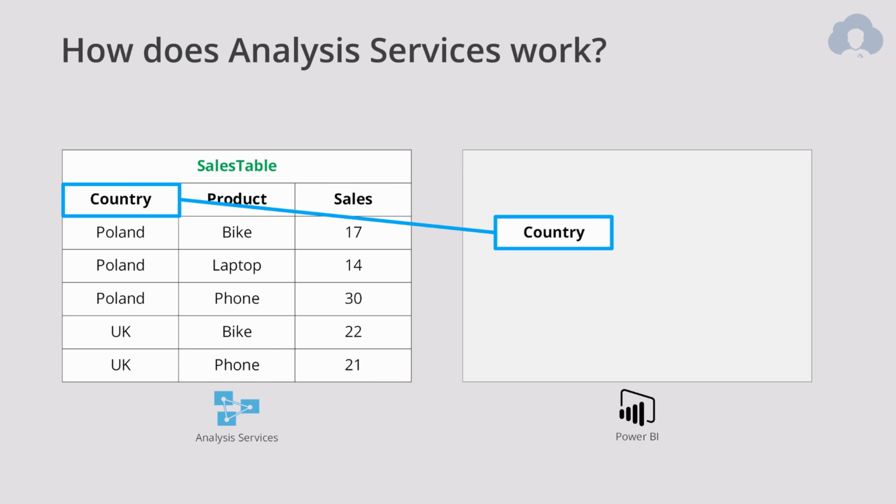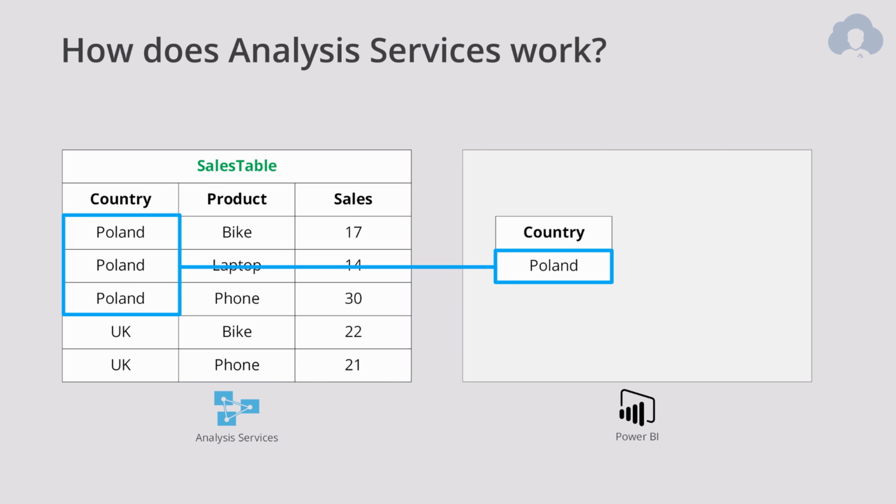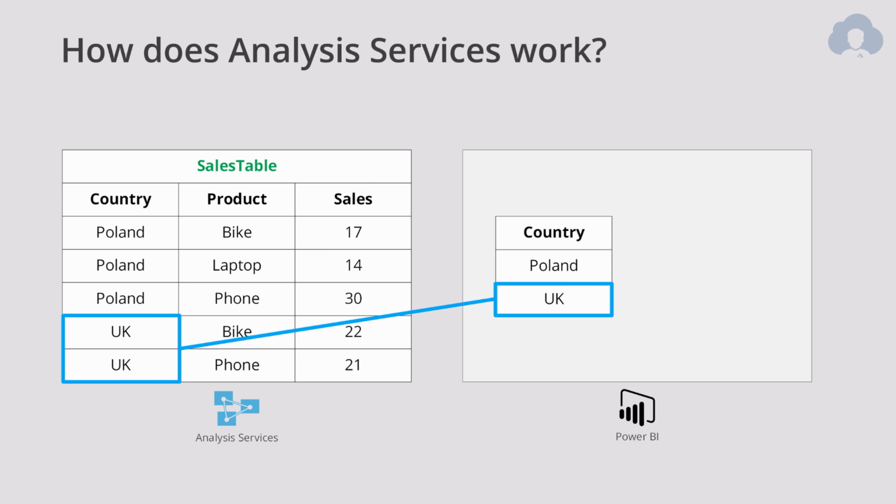If you would drag a country column from your table into Power BI, what would happen, a matrix table would be created and Analysis Services would find the first unique value for that column, country, and pull it in. And it would do the same for each row. So by grabbing this column, you're summarizing it by country and you're getting two values. But that's not where the analytical part comes in.